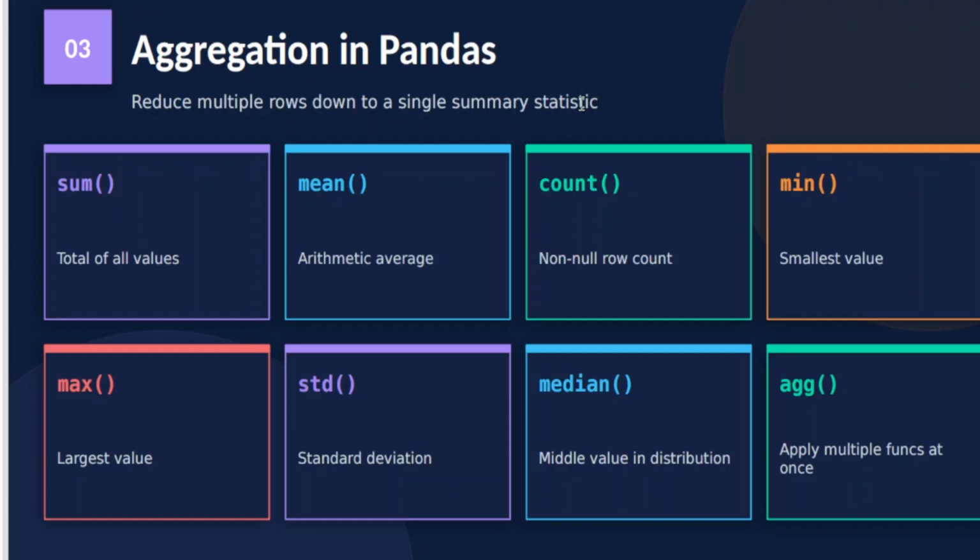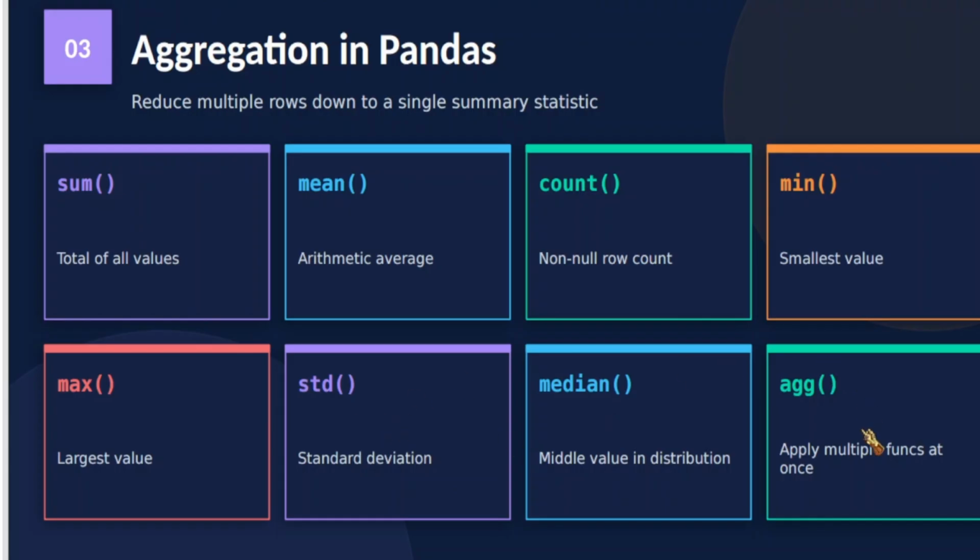If you want to reduce those multiple values to a single value, you can sum all the values, get the mean, the minimum value, the maximum value, count how many non-null values there are in the column, get the median, or the standard deviation.